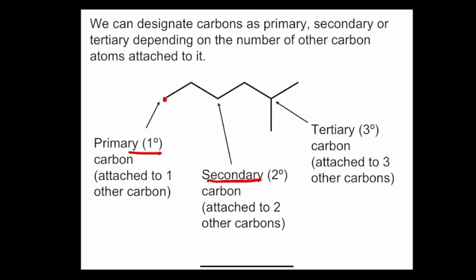A secondary carbon has 2 carbon neighbors, meaning how many hydrogens? If I have 2 carbon neighbors, I have to have 2 hydrogens. The implicit hydrogen rule applies here too. That's why this one is referred to as tertiary, because it has 1, 2, 3 carbon neighbors. How many hydrogens? 1. What would you call a carbon that has 4 carbon neighbors? Based on this, you would expect it to be called quaternary, quat centers.